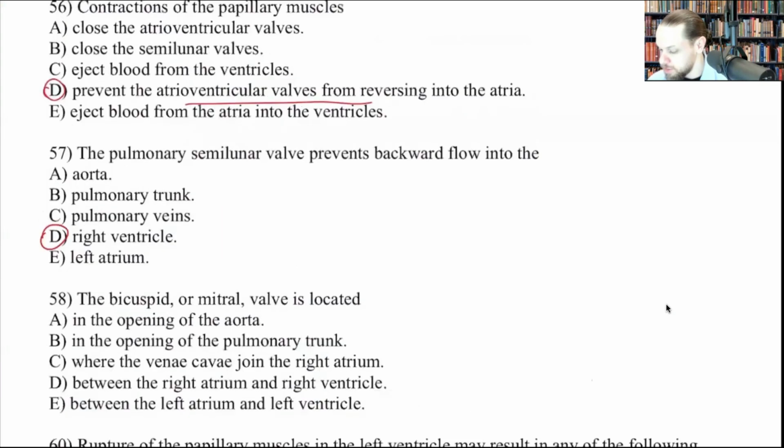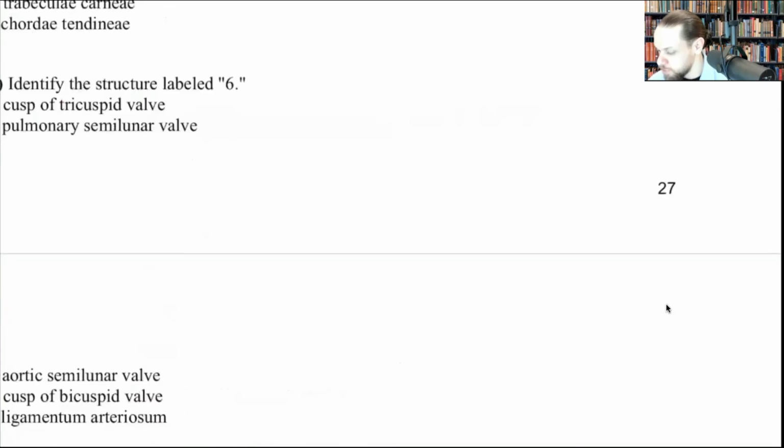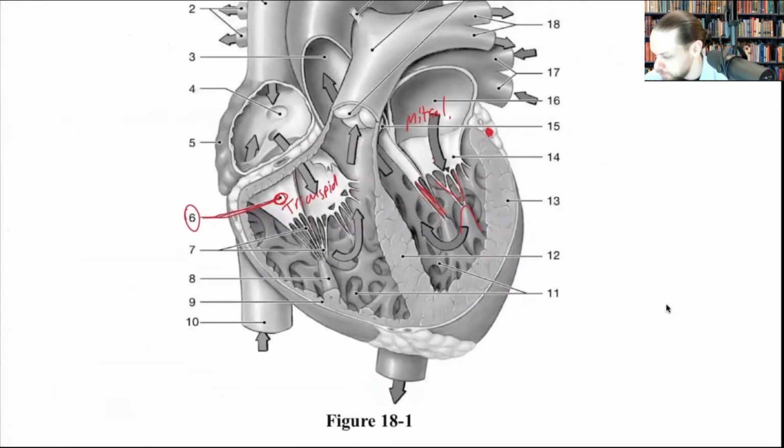So if you look at this diagram, let's say blood comes in through here, and as this ventricle is filling up, the moment the pressure here exceeds the pressure in the atria, these valves shut.